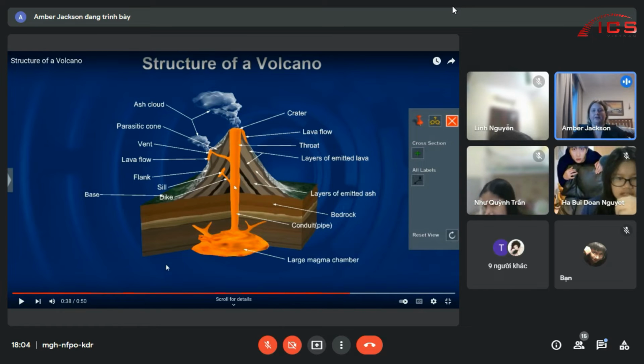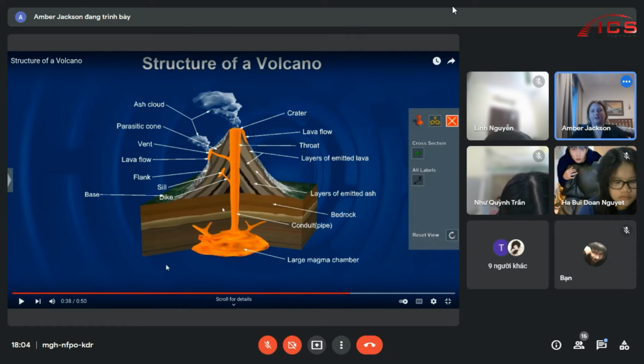All right, and then you have a dike, which is basically magma or lava that's trying to come out, but it gets stuck. And then the sill is where it's stuck underground. It hasn't quite made its way all the way to the surface yet. You have the base of the volcano, which is just where the surrounding earth around it, not normally made up of the layers of ash and lava.